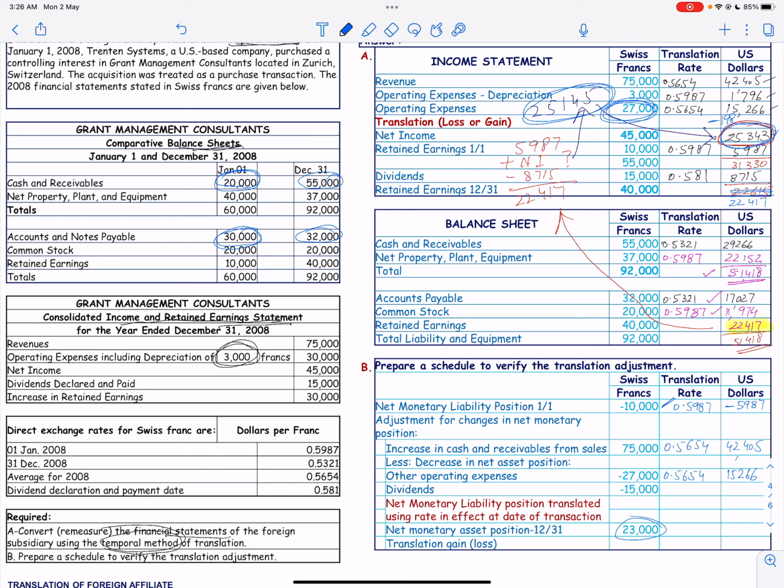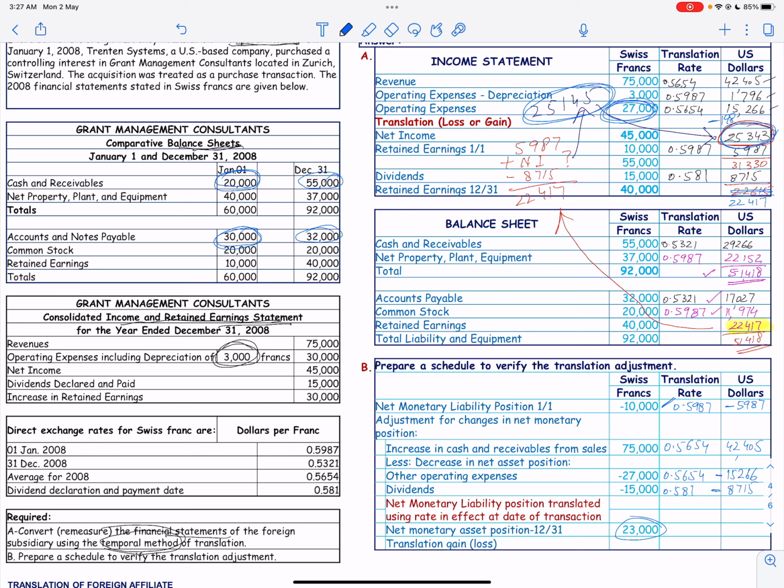And the dividend of 15,000, we will use the dividend declaration and payment date rate of 0.581, and that is 8,715. Now don't forget that these two accounts are going to be subtracted.